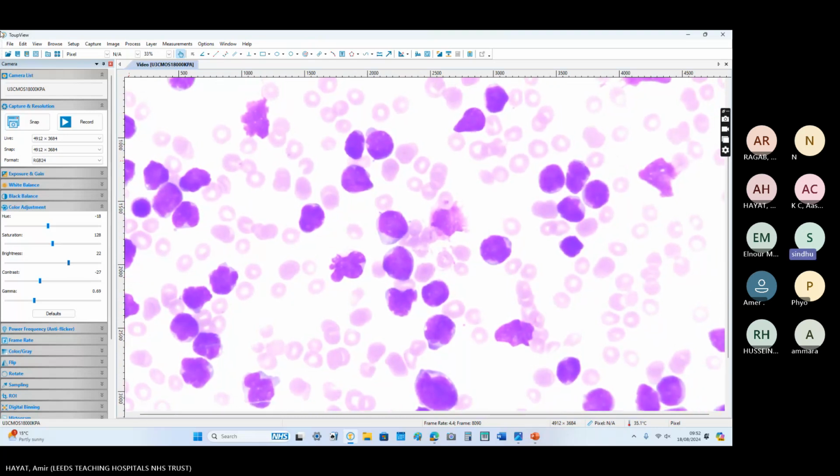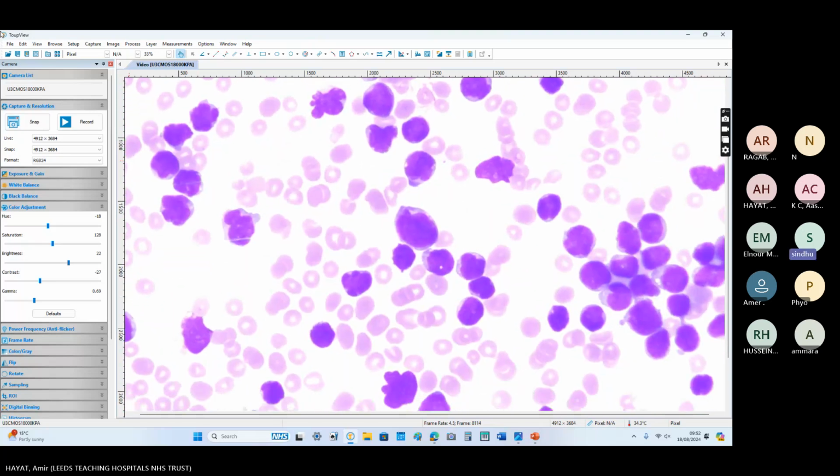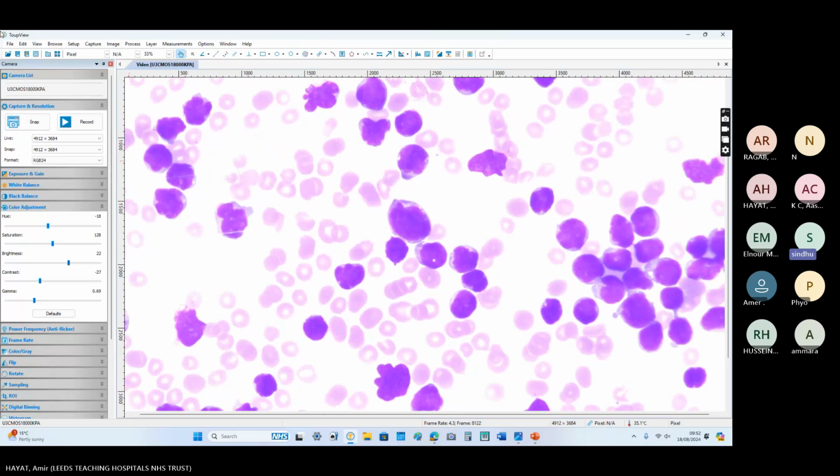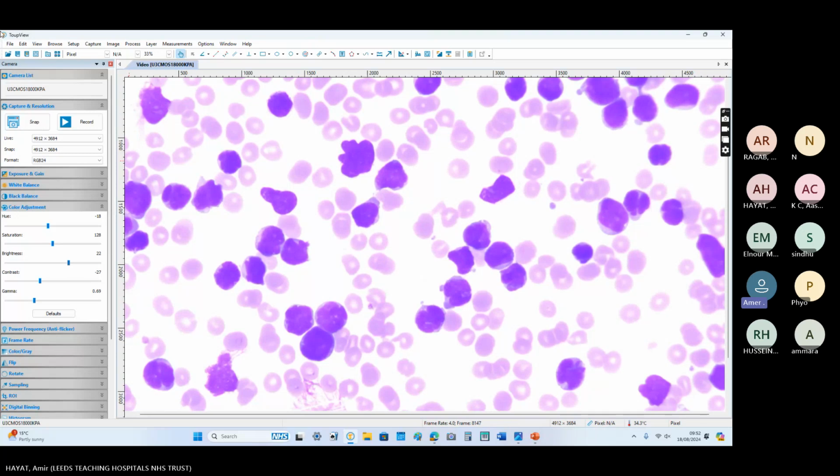I think promyelocytes or blasts, and these are atypical cells. These are small to medium in size with high NC ratio. I don't know what you mean by promyelocyte or blast.